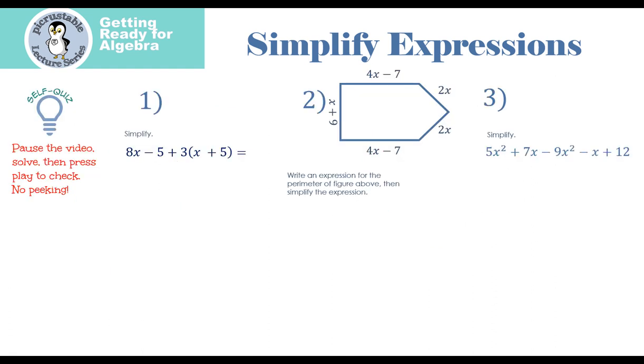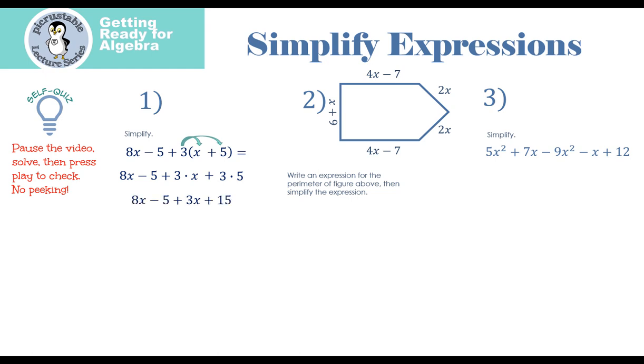Here's the self-quiz. You're going to pause the video, solve, then press play to check. Try to do it without looking back. Okay, let's see how you did. In number 1, the distributive property is in the second part. So 8x minus 5 stays the same. We'll have 3 times x and then 3 times 5.